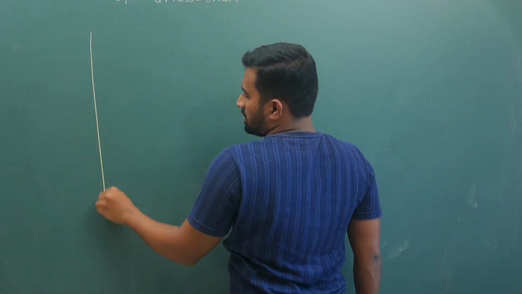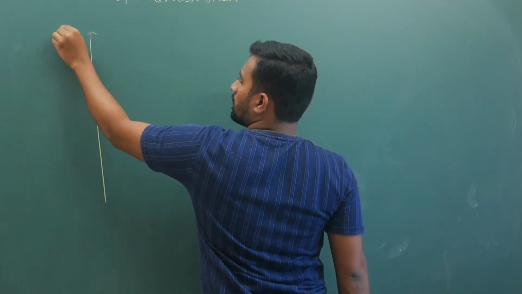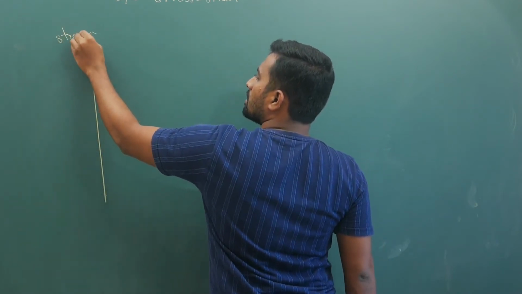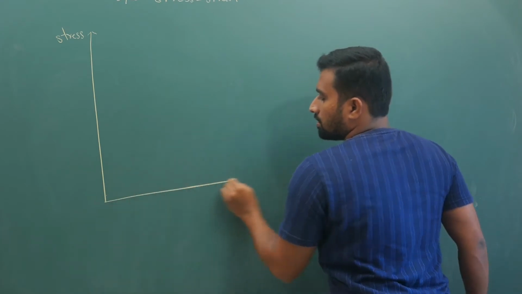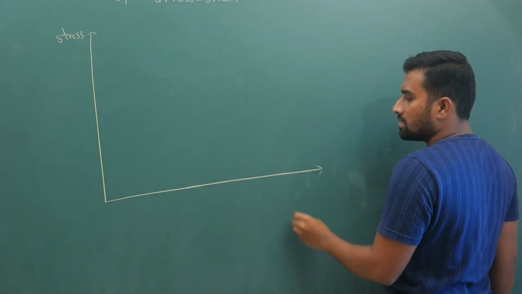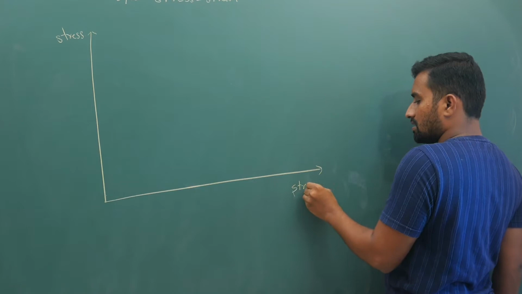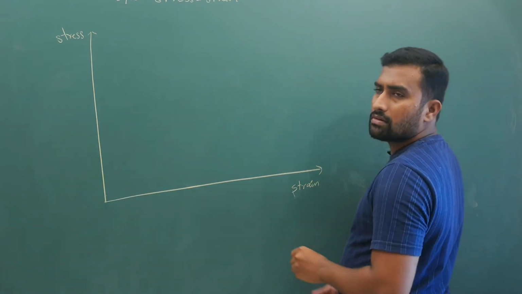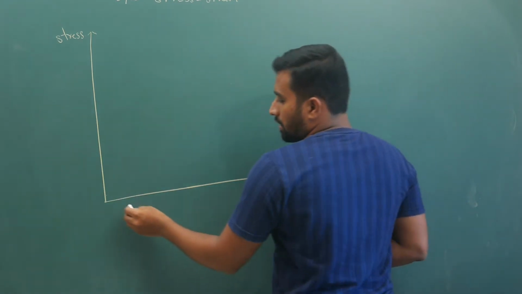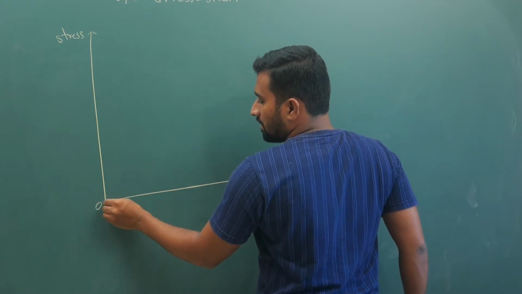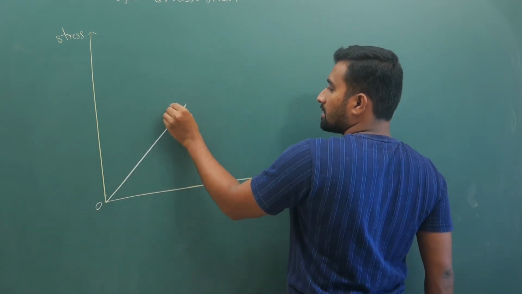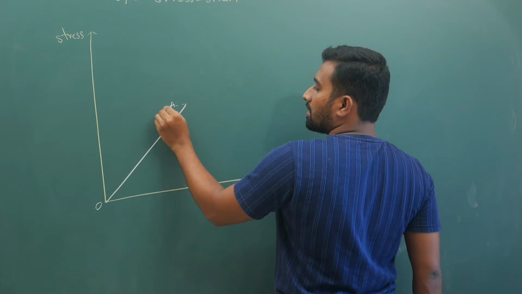On the y-axis we consider stress, and on the x-axis strain. Experimentally it was observed that the graph starts at some point like this and goes to some point A.